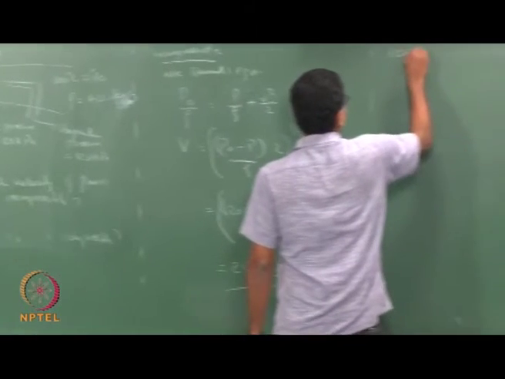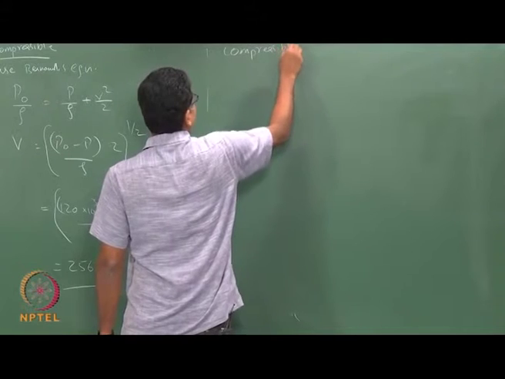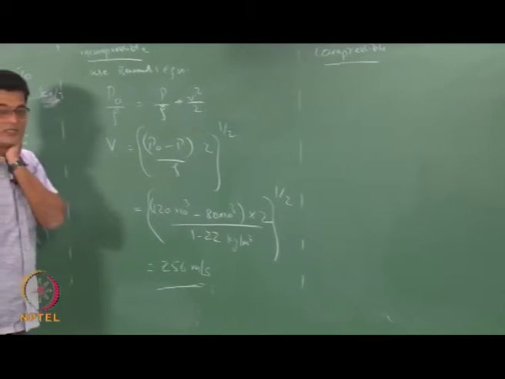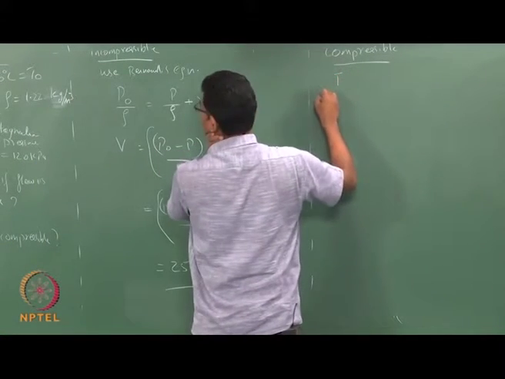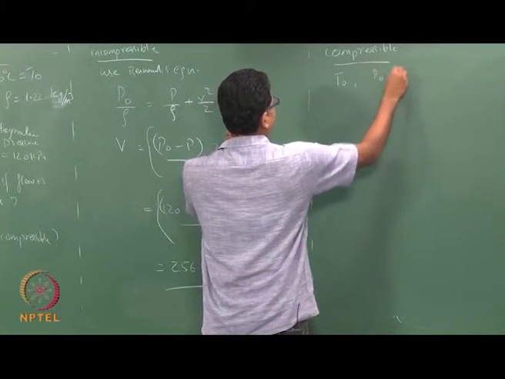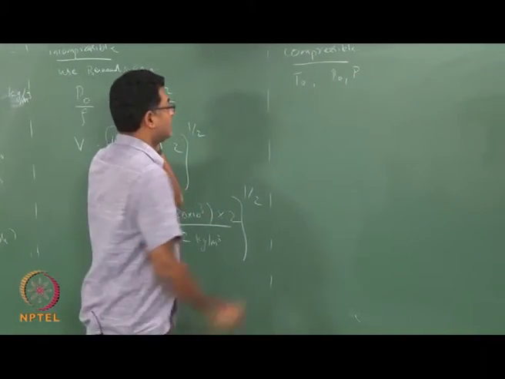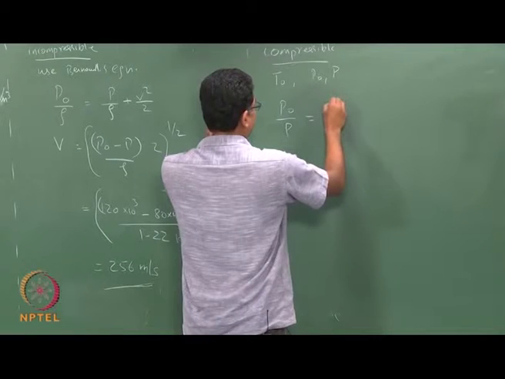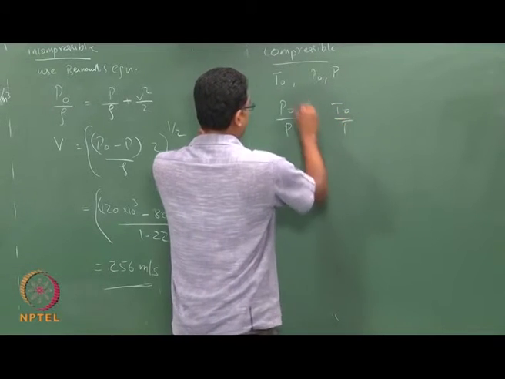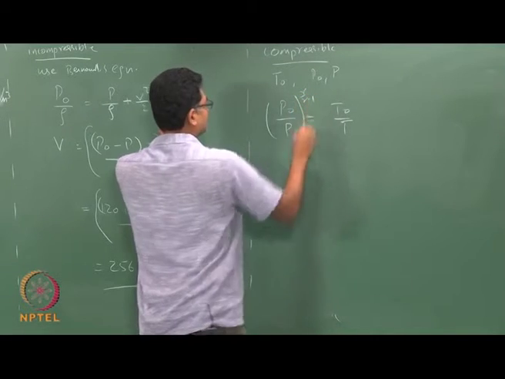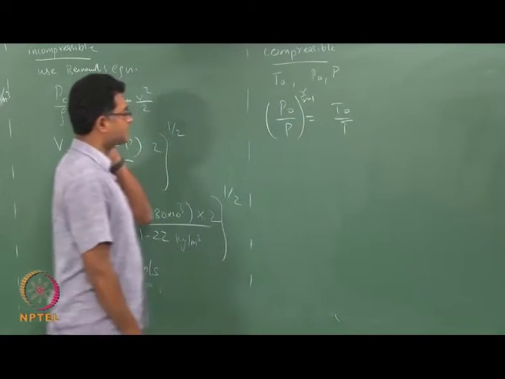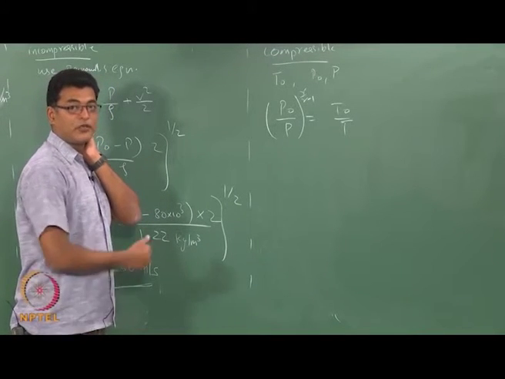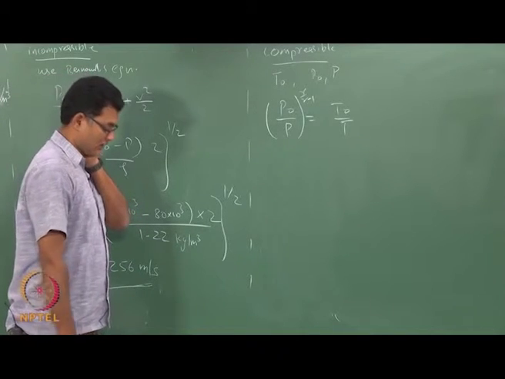Now, if the flow is compressible, what do we do? We have T0, we have P0, P. So, P0 by P is related to T0 by T as gamma by gamma minus 1, in this particular form for a fully compressible flow, assuming no losses, no heat transfer, no shaft work.